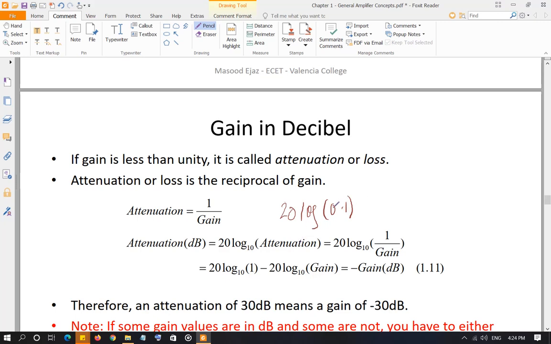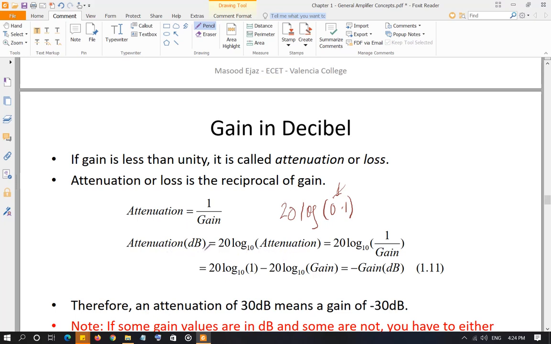Log of 1 is 0, and anything below 1 is going to be negative. But for attenuation, if attenuation is positive, that means your gain is negative. Positive attenuation means negative gain. Negative attenuation means positive gain.